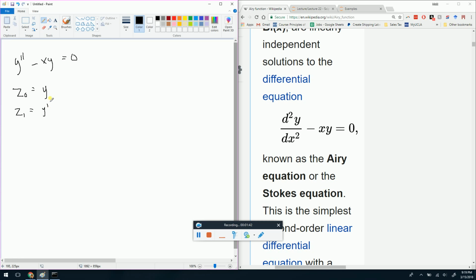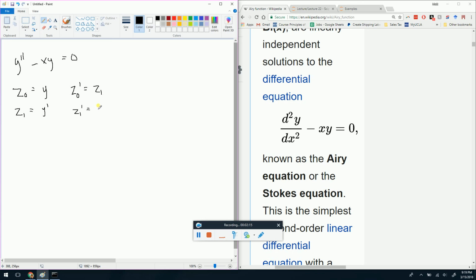second highest order derivative. Alright, so now we need to express the derivatives of the z's in terms of the z's themselves. So let's take z0 prime, and that's just y prime, or z1, and then z1 prime is equal to y double prime, but y double prime is equal to xy.